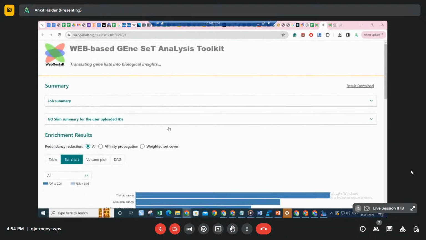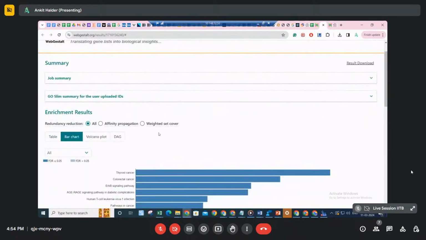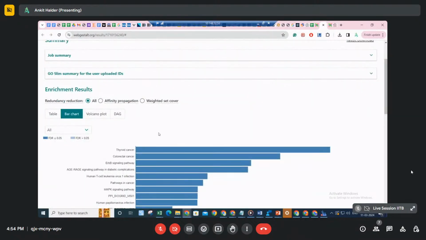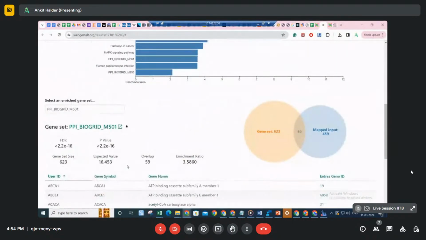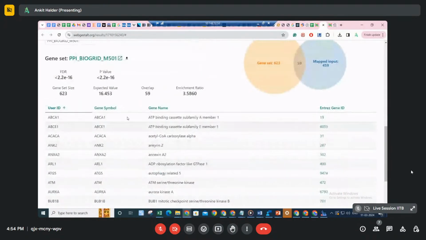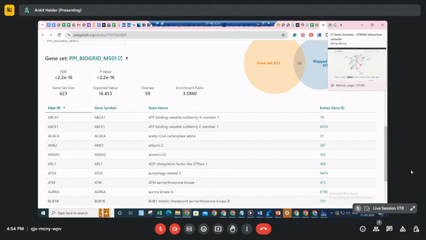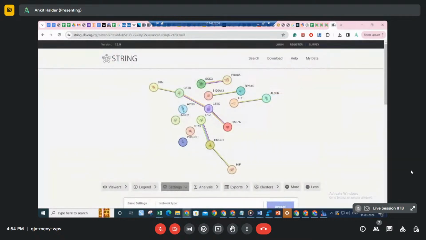These were random genes which I had selected from one of those data sets, and you can see that thyroid cancer and signaling pathways and all those things are coming up as enriched with this kind of genes or proteins. But now how do these genes interact with each other?